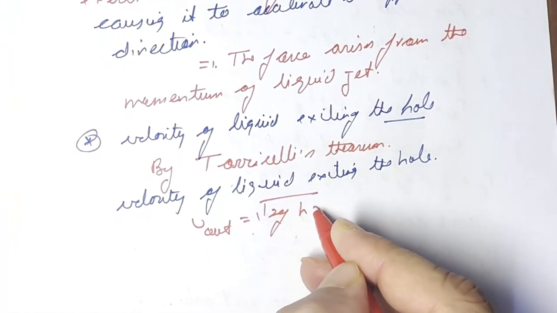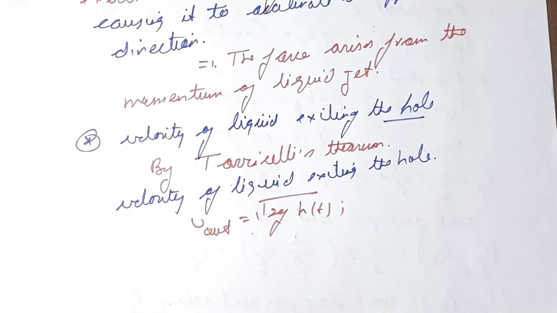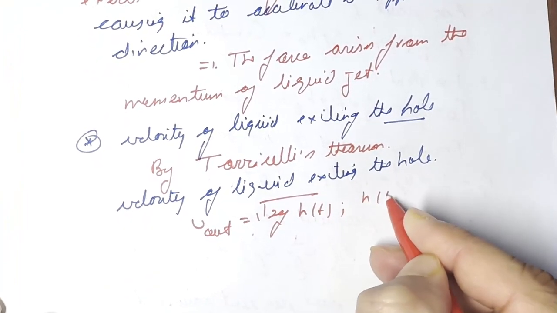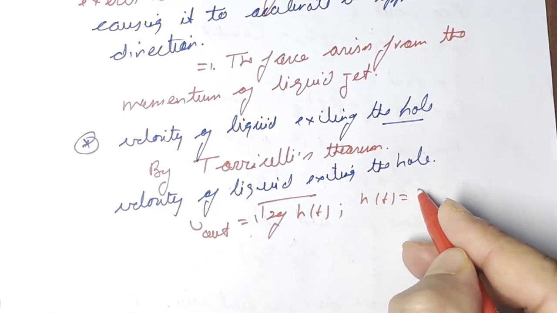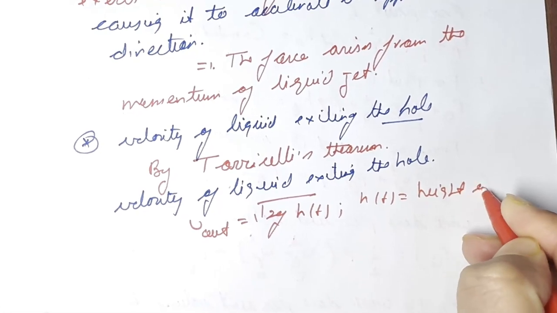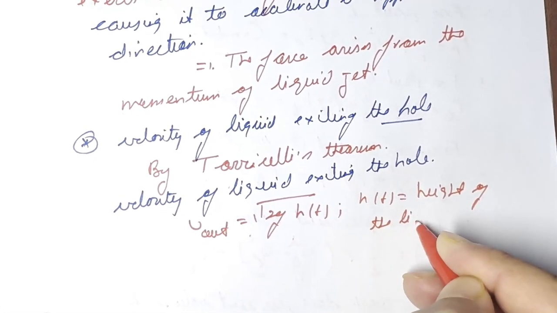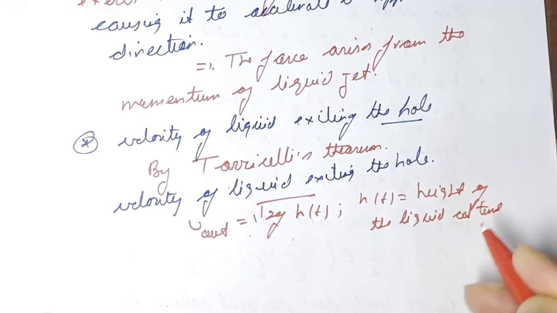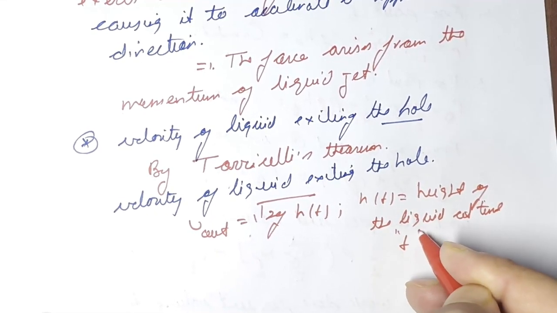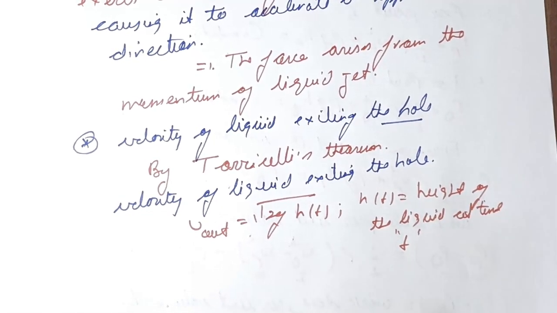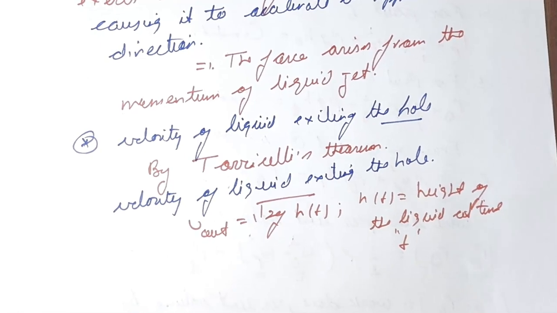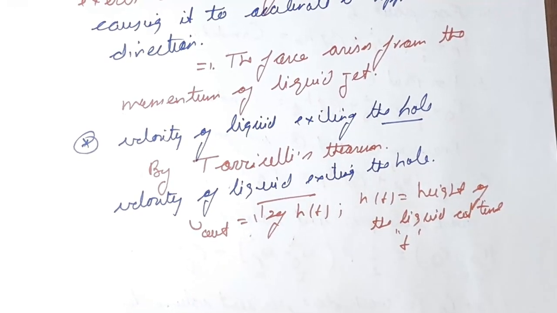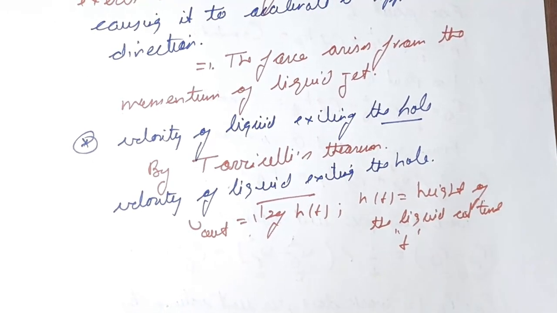We can replace this h by h of t, the height of the liquid column at time t. In this question everything will be time dependent, because with respect to time the level is going to reduce, and accordingly the momentum will also be time dependent.